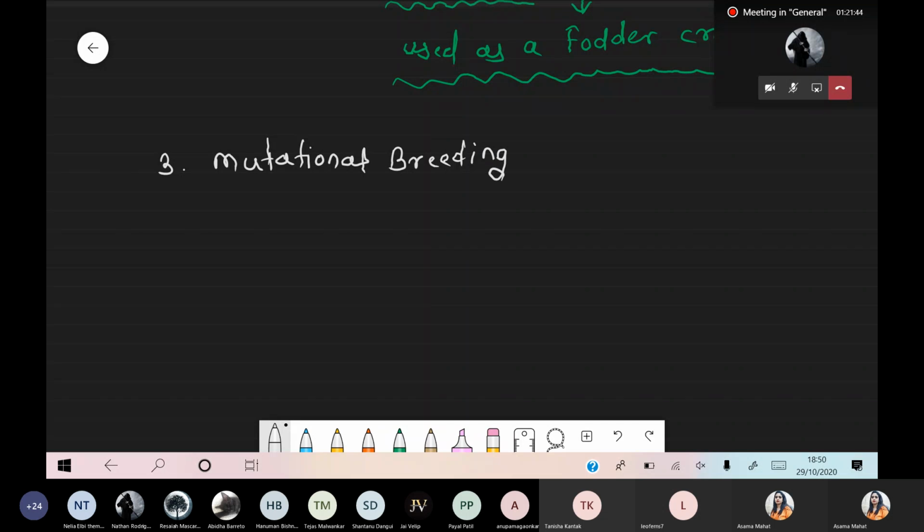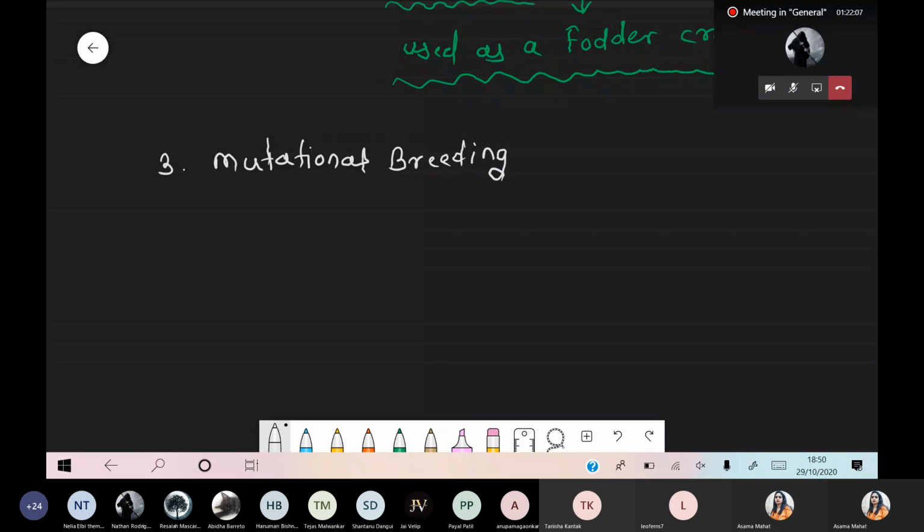Mutational breeding. Very easy, very simple question. Mutational breeding means what? Mutation means what? A sudden hereditary change in the genetic material of the organism. So now what happened? Mutation दो types के होते हैं. Spontaneous mutation also there, as well as induced mutation also there, right? And whenever we are talking about mutation breeding, we are talking about induced mutation. We are not taking the spontaneous, natural mutation.